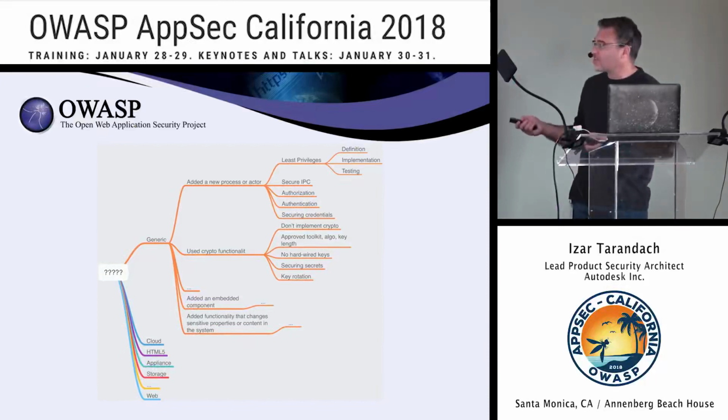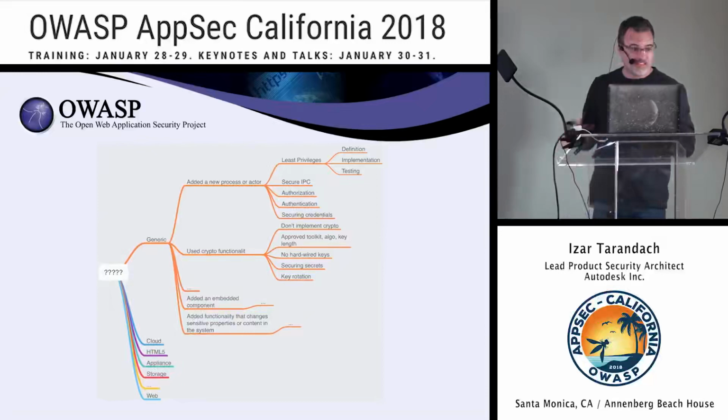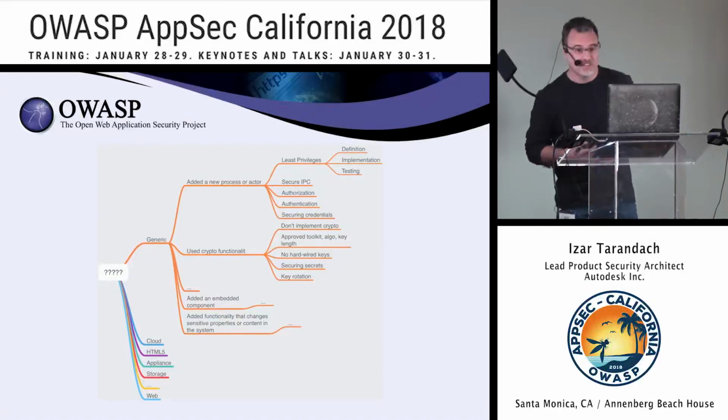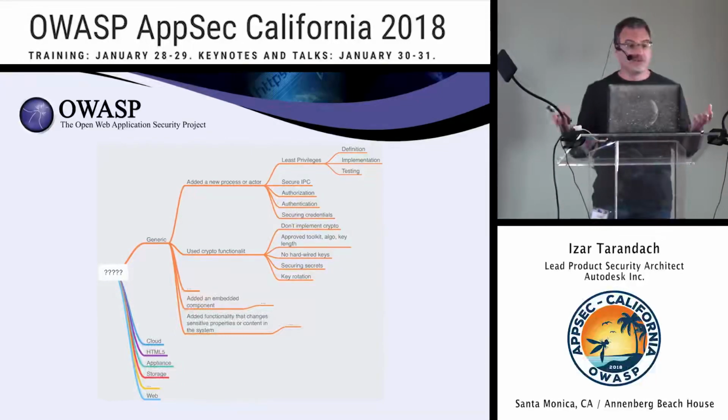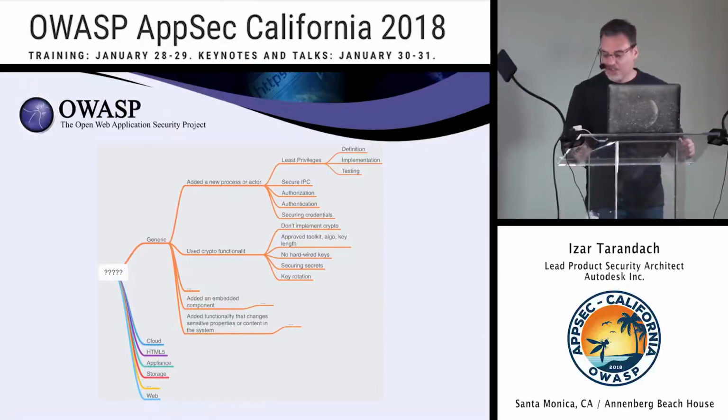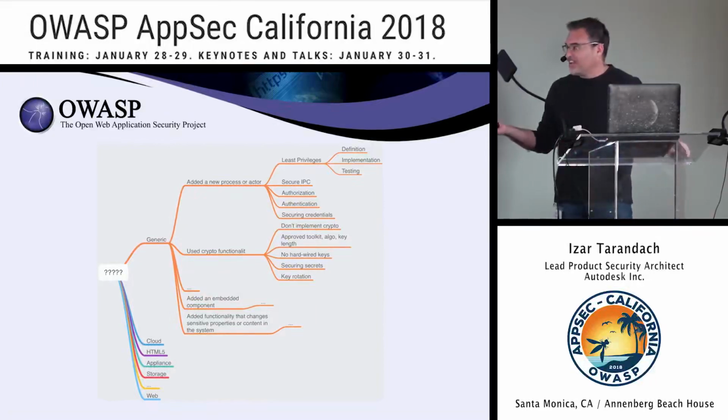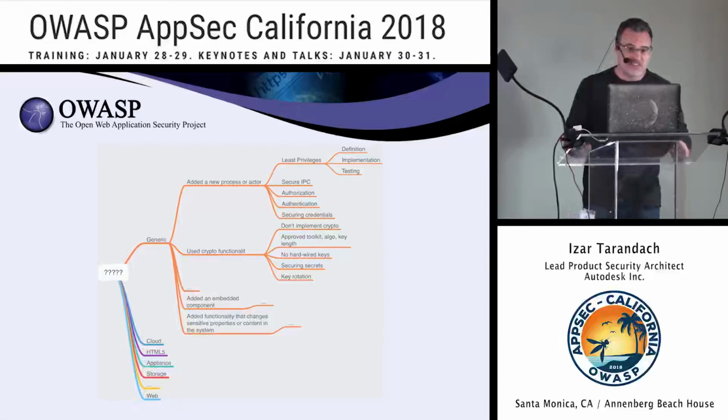Each one of those triggers would have a bunch of stuff that we want them to do. And that bunch of stuff actually has a clear definition, a clear implementation, clear ways of testing it, and could be multiplied by the languages that you are using to develop or something like that. So basically what I'm talking about is a checklist.